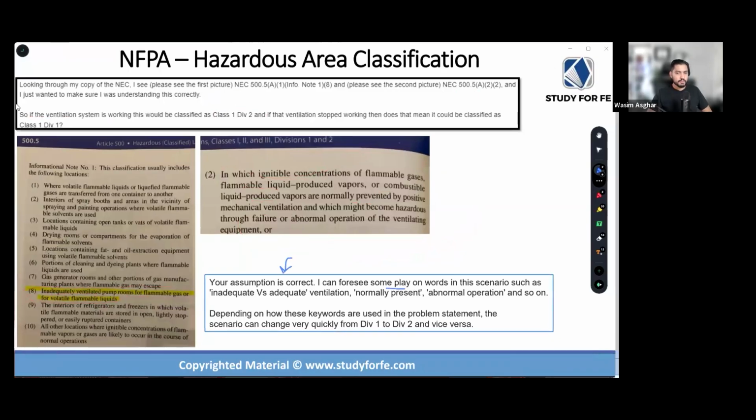I can foresee some play on the words in this scenario, such as inadequate ventilation versus adequate ventilation. So if the problem statement tells you that we have inadequate ventilation present, right? Then because of the inadequacy of the ventilation, are you guys following me here? Because of the inadequacy of the ventilation, the hazard can be around.